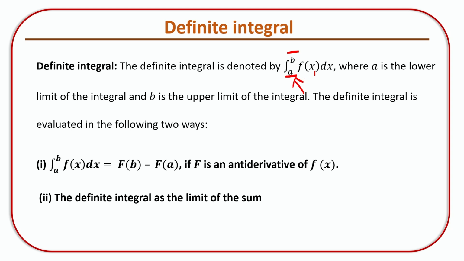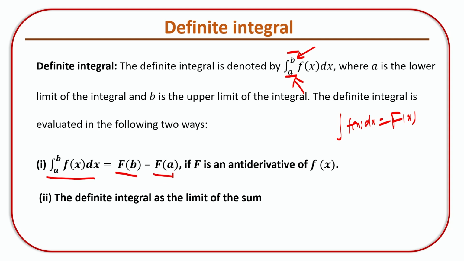Sometimes a is called the lower limit and b is called the upper limit of f(x) dx, and it is evaluated in two ways. Firstly, if the integration of f(x) dx is equal to capital F(x), then the definite integral from a to b of f(x) dx can be written as capital F(b) minus capital F(a).